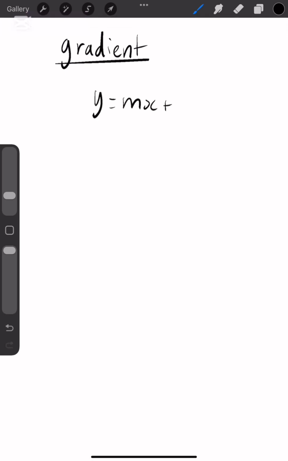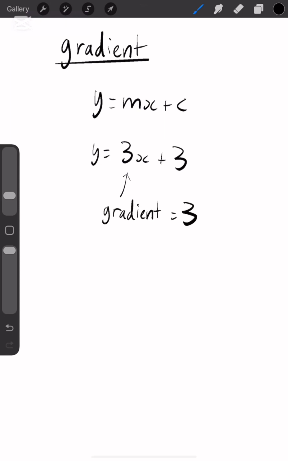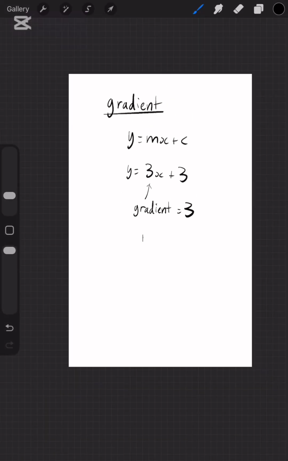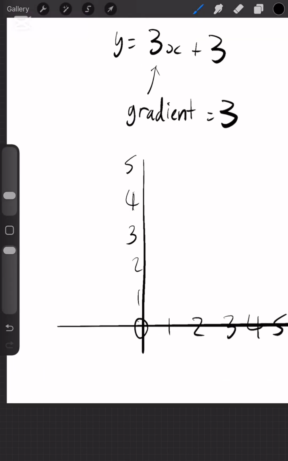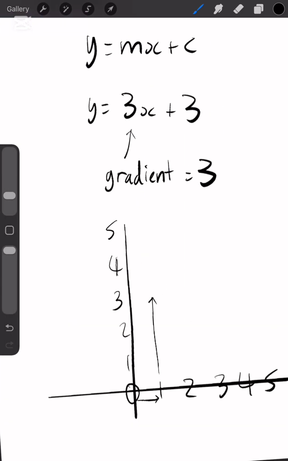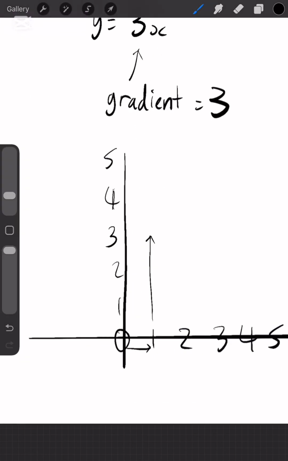Okay, so writing our equation again. Here our gradient is 3, and our y-intercept is also 3. For simplicity, we might actually scrap the idea that the y-intercept is 3 and change it to 0.